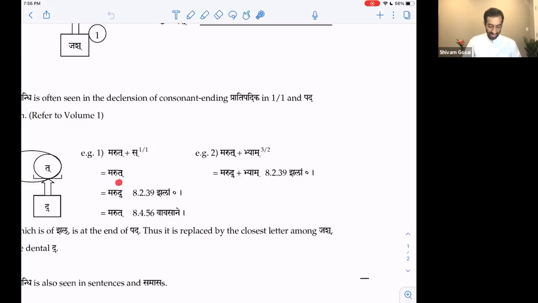The takara is at the end of the pada here. But here, how is it at the end of the pada? Because I have bhyam afterwards. Do you see what I'm saying? Here, the sakara came, gave the status of pada because it's subanta, and then it left, so then we can apply the sandhi because it's at the end of the pada, end of the word. But here, I still have bhyam afterwards. How does this apply?